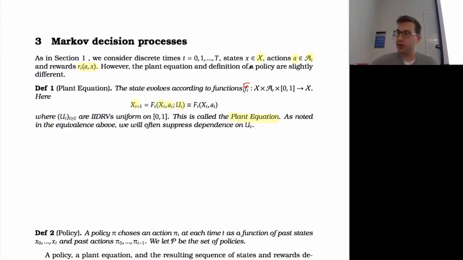One way of thinking about this would again be my board game example. So let me draw a picture again. Remember I had my board game example.